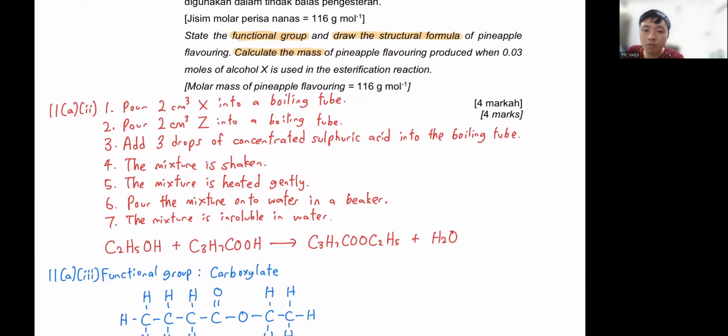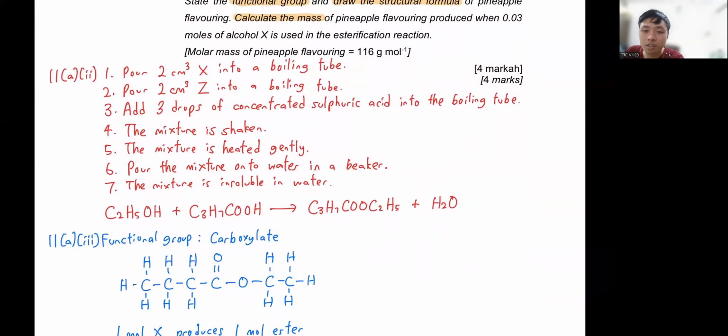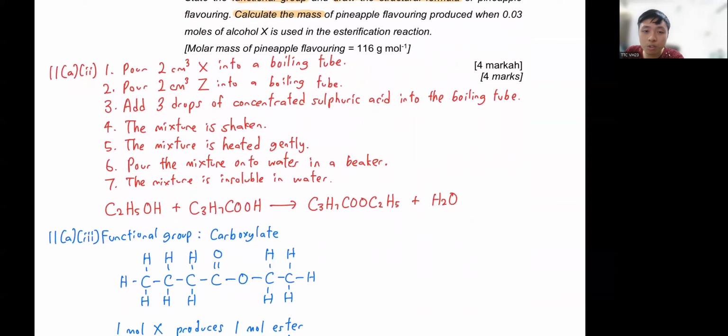Then calculate the mass of pineapple flavoring produced when 0.03 mole of alcohol X is used in the esterification reaction. Very simple.